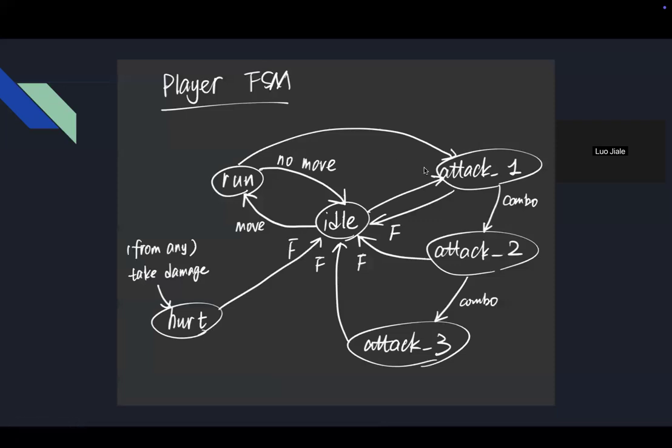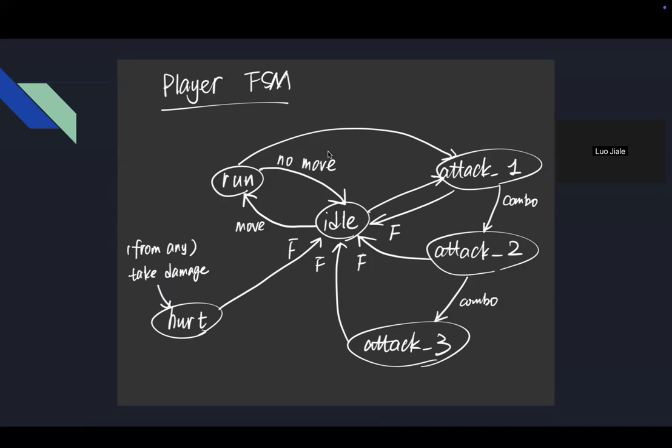The arrows represent how the state transitions from one to another, and these words describe the events that trigger a state transition.